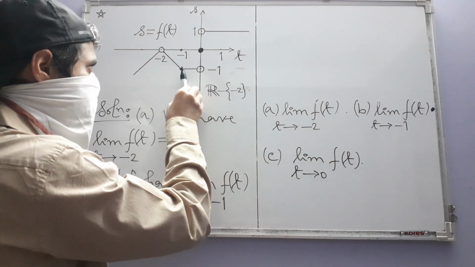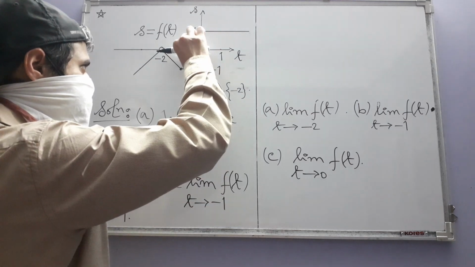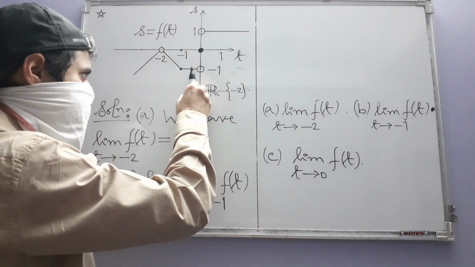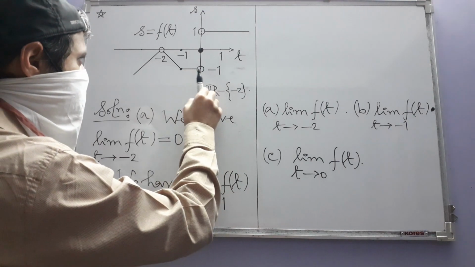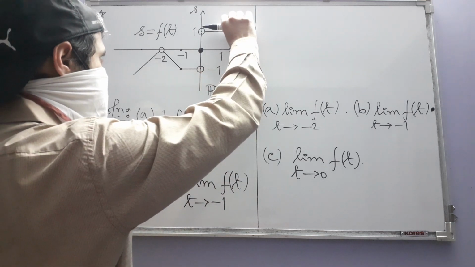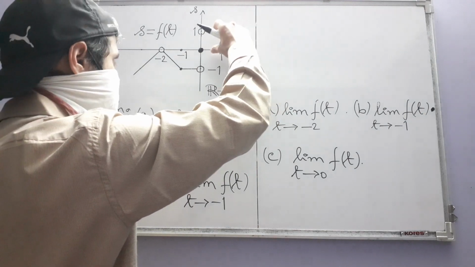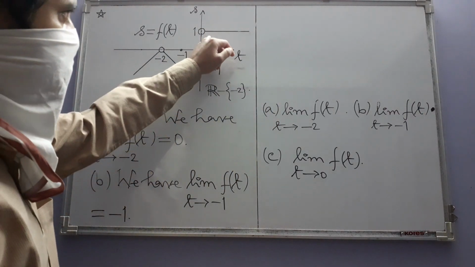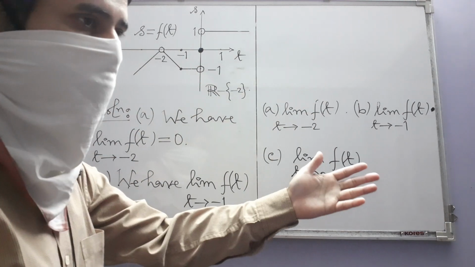Now as t approaches 0 from the left side, f of t is constantly -1, -1, -1, -1, like that. It goes on like that. However, when t approaches 0 from the right side, the f of t value, the output value, is constantly 1, 1, 1, 1.